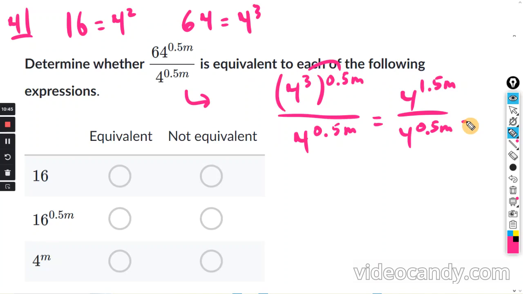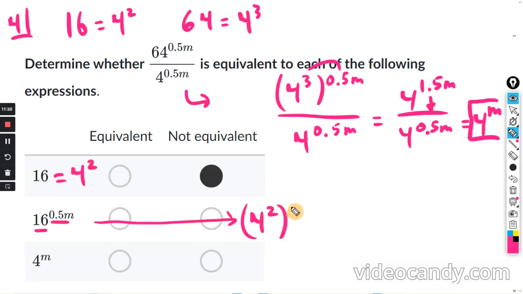Okay? So this is going to be the original, and we want to make the other ones match. So let's see, 16 by itself, we said that's the equivalent of 4 squared. Does 4 squared equal 4 to the m? No. So that one's not equivalent. Second one, 16. We're going to replace the 16 with 4 squared, and that's raised to the power of 0.5m.